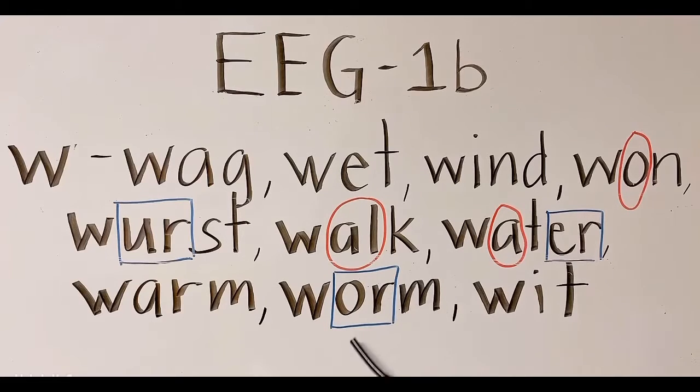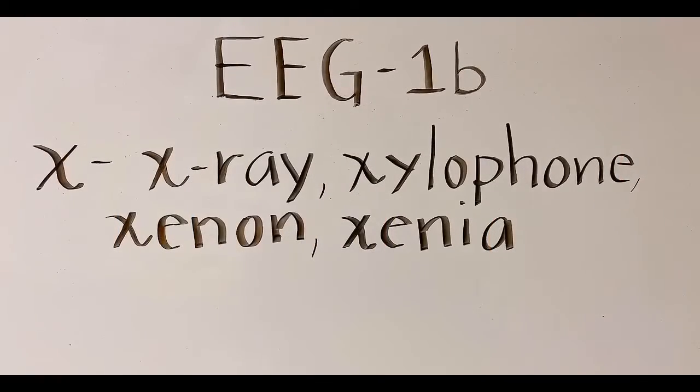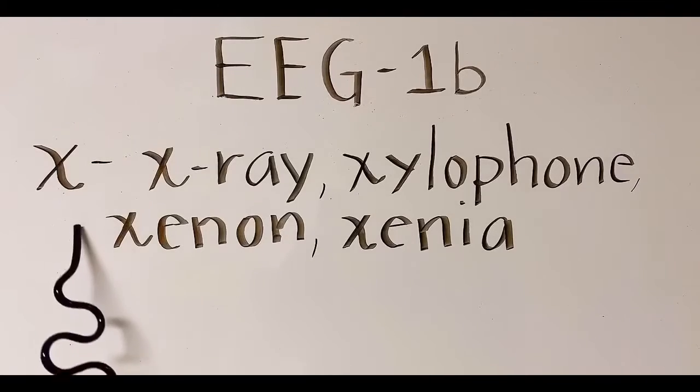And then here, the combination of letter O and the letter R is er. That's why we read this one worm. Worm. Okay? Good.